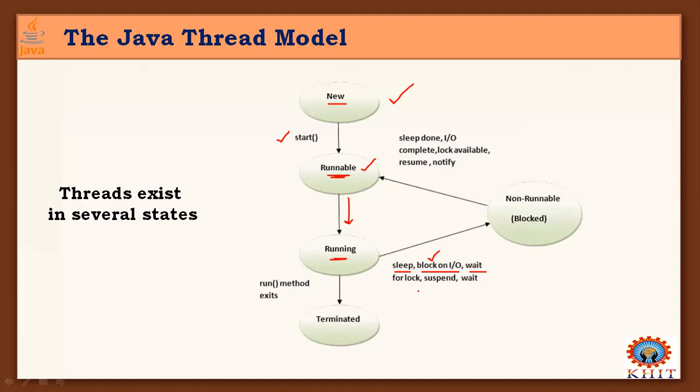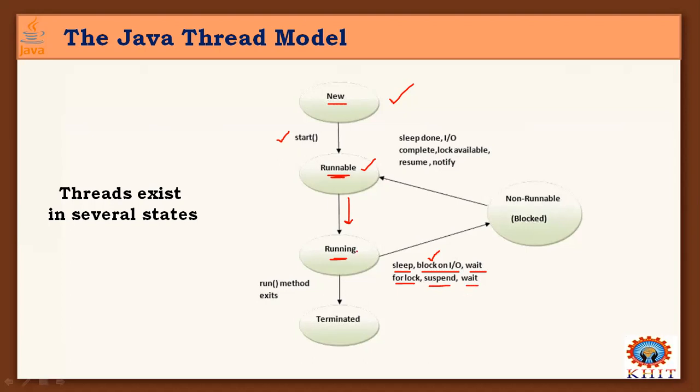And wait for lock. Sometimes in synchronization, a dependency is there. If there is a dependency, then the lock should be set on the database, or on the common variable that you are going to modify. Then the lock is automatically set for this synchronization. Sometimes it may be suspended, or there may be something like a wait operation.